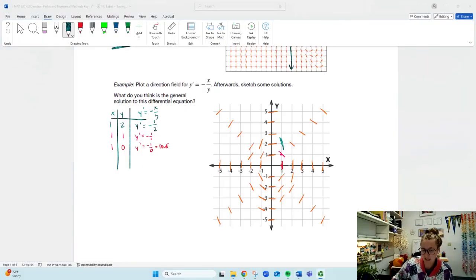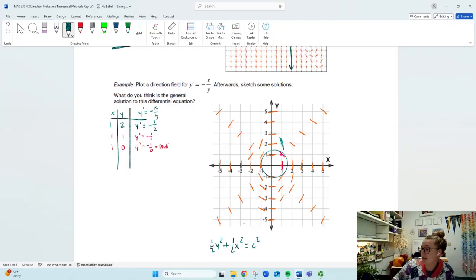Which actually looks like, if I were to start at any one point right here, it'd kind of look like the solution of a circle that is centered around 0, 0. This actually does have the solution -1/2 y squared plus 1/2 x squared equals c squared.